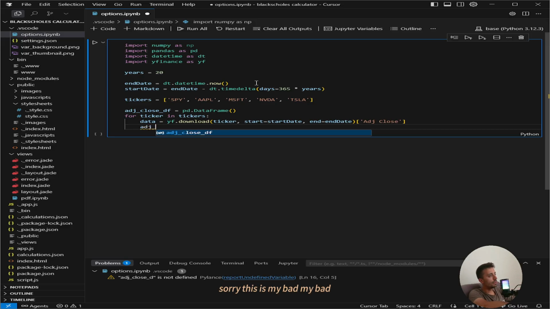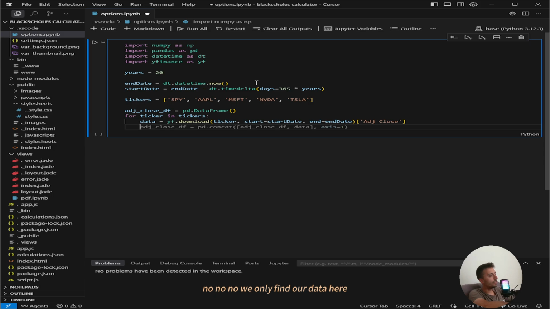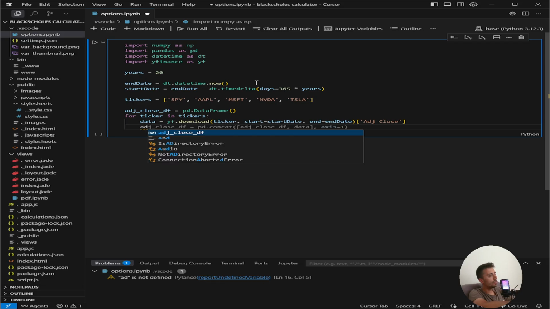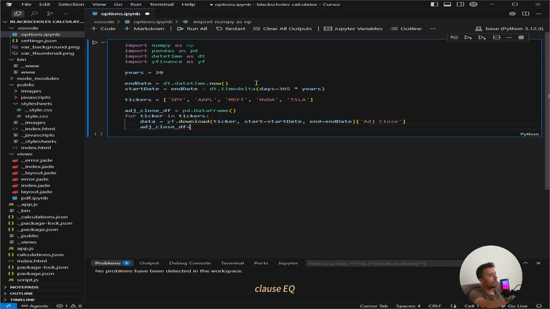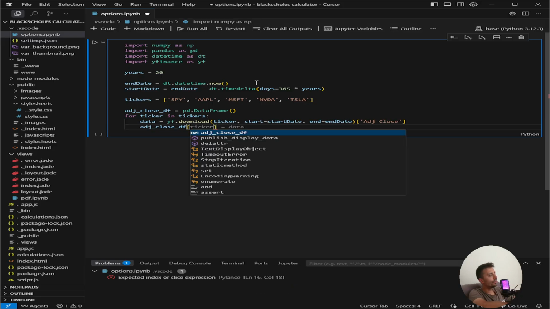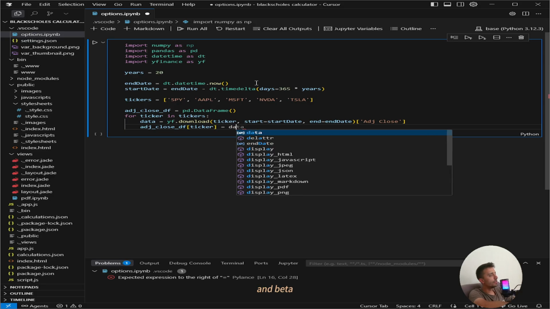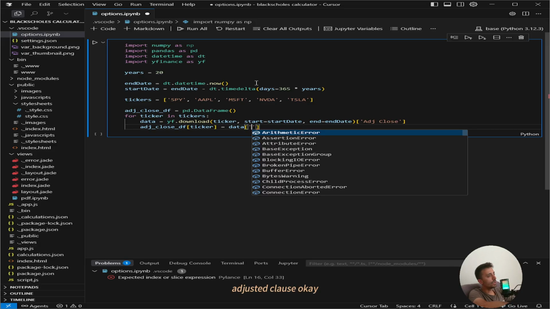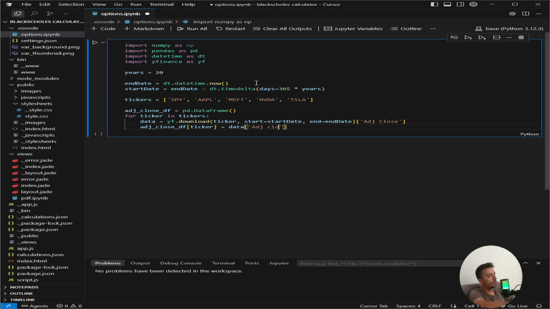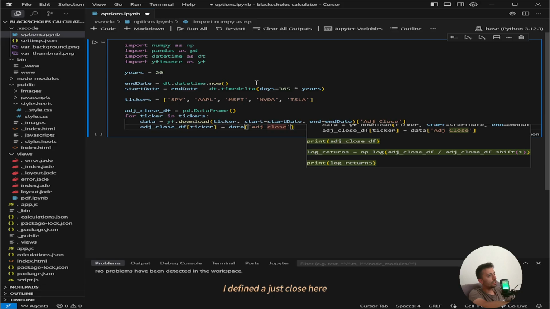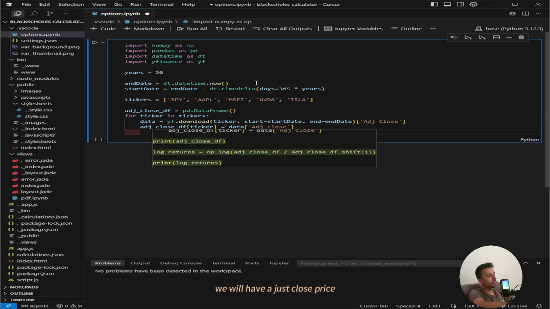Sorry, this is my bad. We already defined our data here, and adjusted close equals data of adjusted close. I defined adjusted close here; we will have adjusted close price.